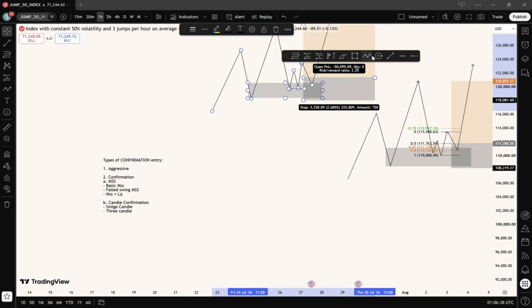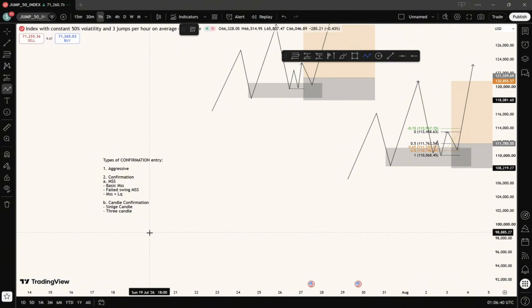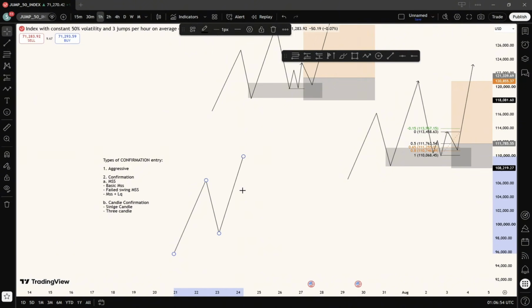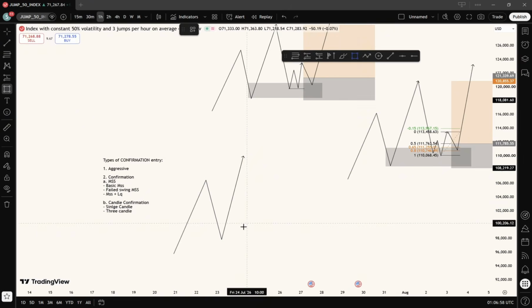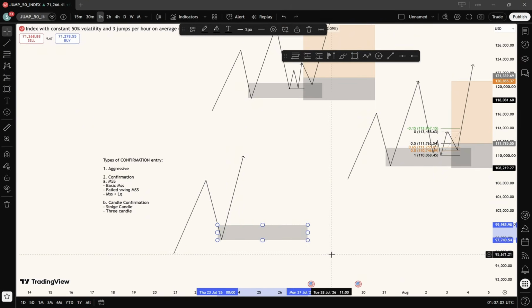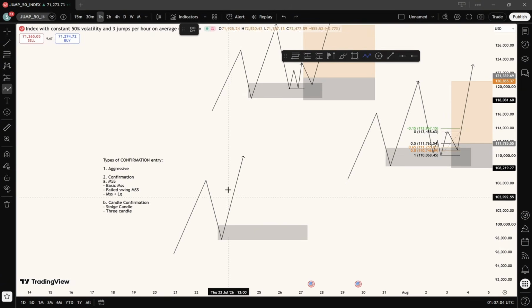Then talking about the last one, which is MSS plus liquidity. This MSS plus liquidity has two forms. Same scenario on a bullish trend: price broke structure, and we're looking to enter from this place using the order block. This is what you want to see price do on the 15-minute time frame.